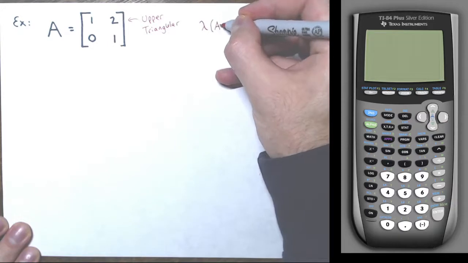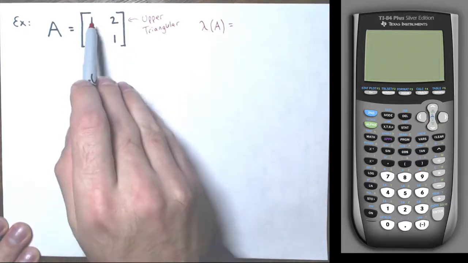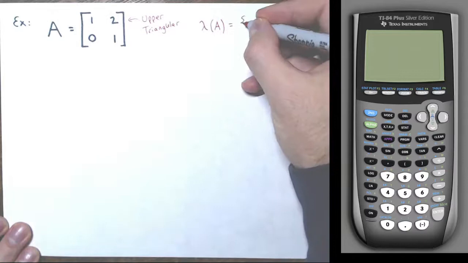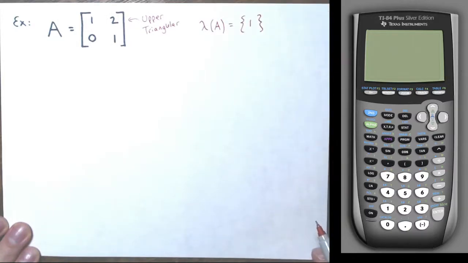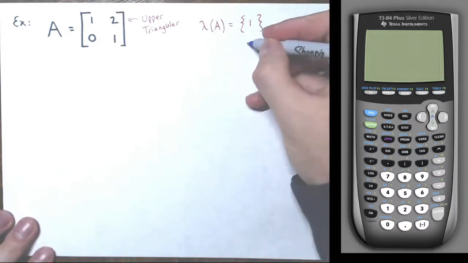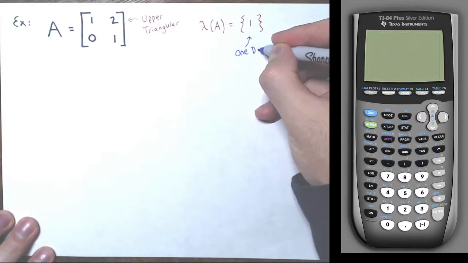Remember, for an upper triangular or lower triangular or diagonal matrix, the eigenvalues were just the values down the main diagonal. So just 1, right? But it's repeated, so it has only one distinct eigenvalue.